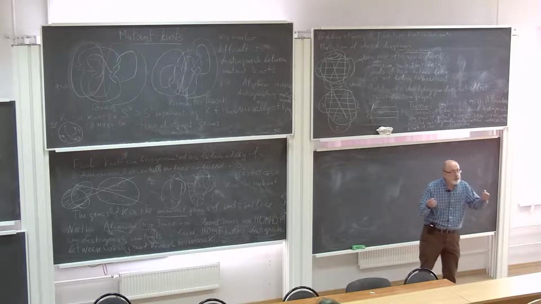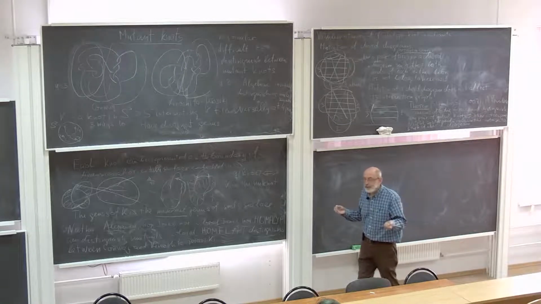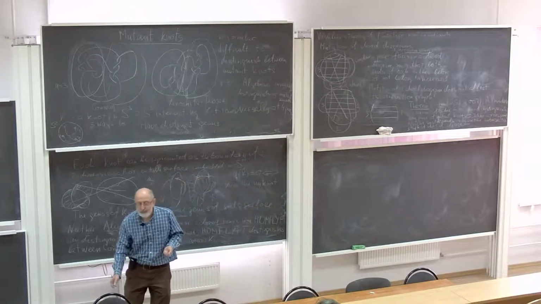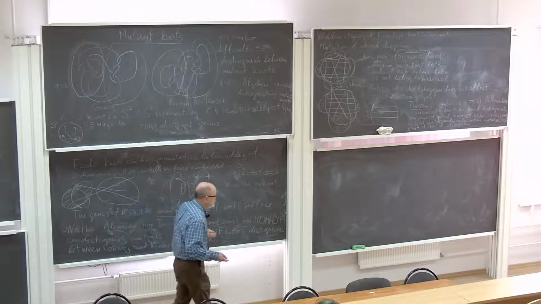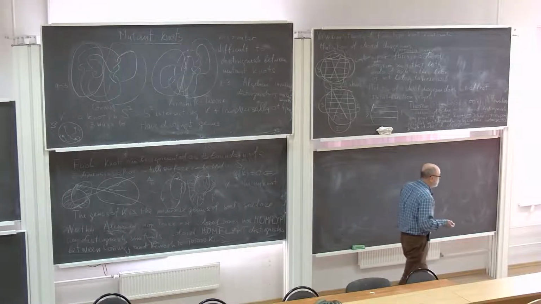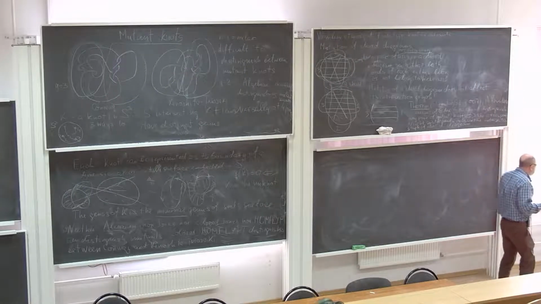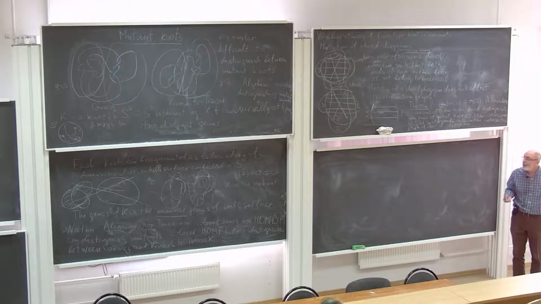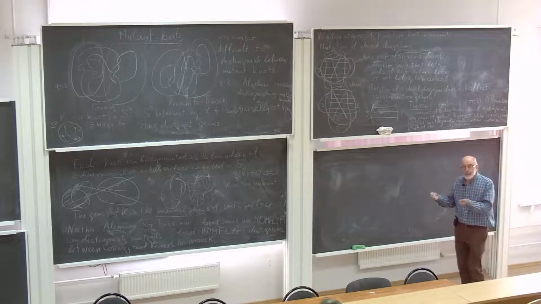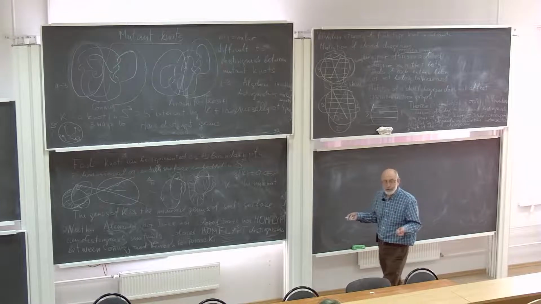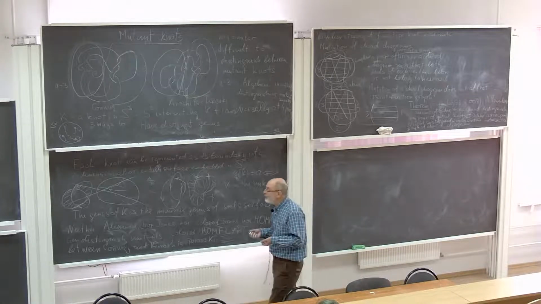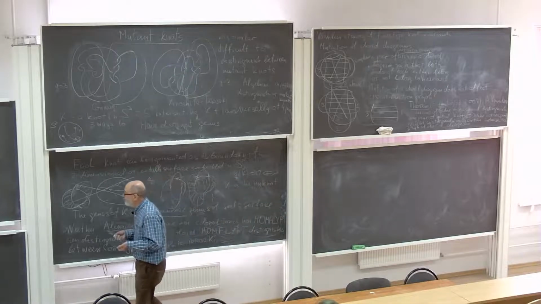If there are two chord diagrams having the same intersection graph such that the weight system distinguishes between these two chord diagrams, then there are two mutant knots, at least two mutant knots, such that they can be distinguished by the corresponding knot invariant.